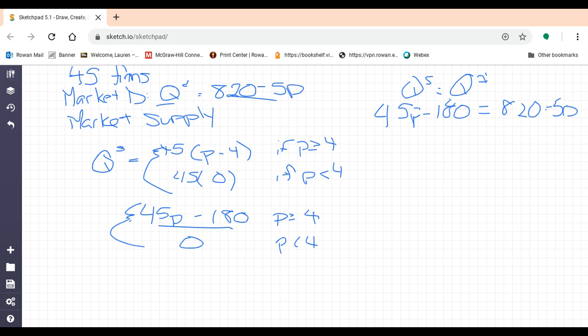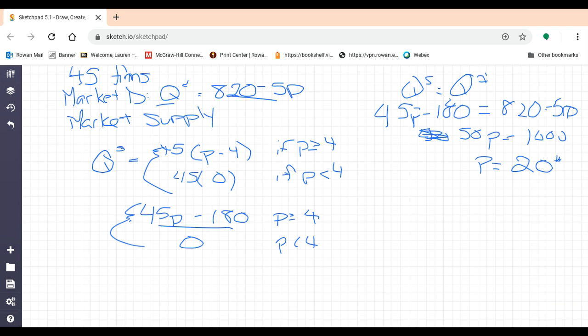So then we just solve for price, right? Not too bad, hopefully. We're not 40p, or sorry, 50p. Ooh, that's what I get for not looking over my notes as I'm doing this. 50p equals 1,000, or the price is $20, which is above this $4 shutdown price.